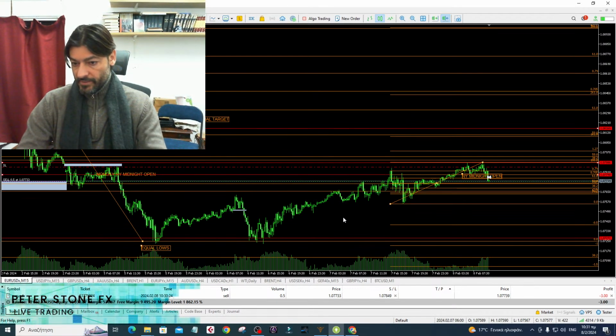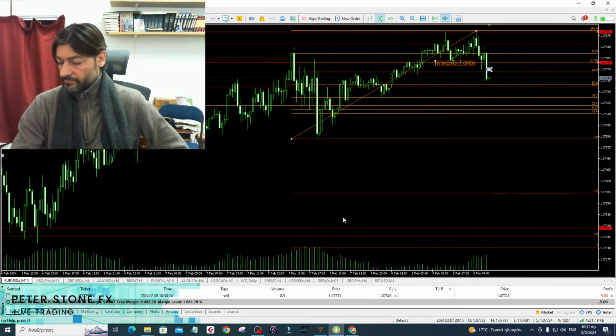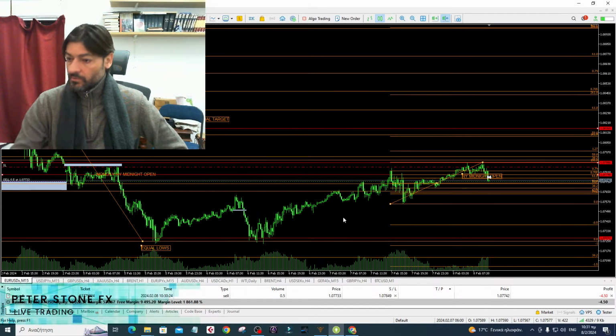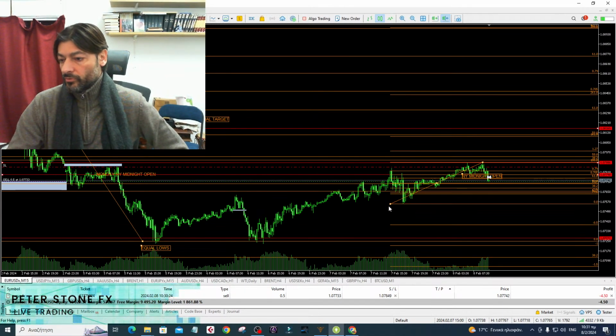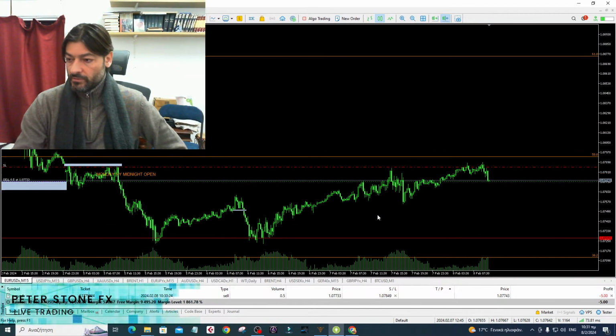What does that mean? That means that the market has been creating liquidity for the bigger orders to be able to do their position, because when you have big institutional orders that want to enter the market, you cannot do it without liquidity.